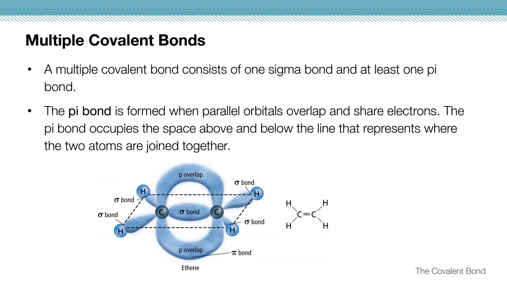One of those would have been a sigma bond, the first one there. The next one would have been a pi bond. Same thing if I had nitrogens like this. The sigma bond would have been in the middle, and the 2 other ones would have been pi bonds. So the first line that connects them, the first pair of electrons, technically, is a sigma bond. Any additional bonds are pi bonds.